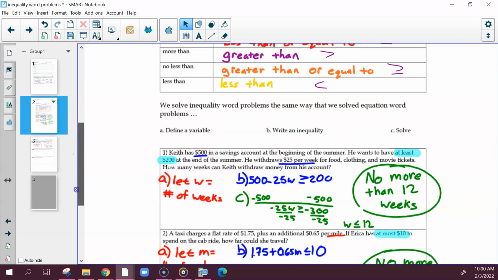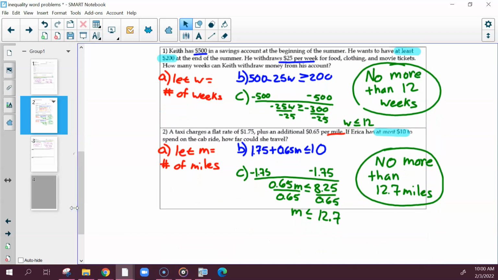I hope it's correct. Number 2, I'm just going to say the answer. If we have questions on anything else, we can talk about that. So no more than 12.69 was the actual decimal, or 12.7 miles. Either one.